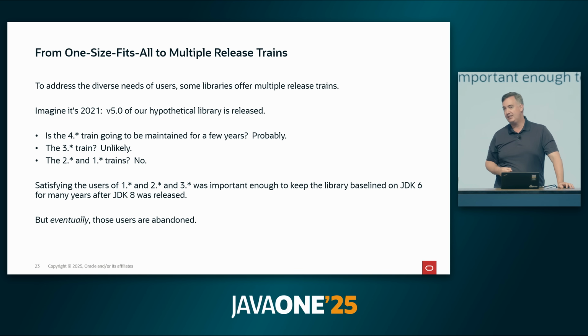Baselined on JDK 6 for many years after 8 came out, but eventually, under one size fits all, and even if you do multiple release trains in the normal way, those users are abandoned, those application developers. So multiple release trains can help to satisfy users who value functionality because there's always a current release train with new features, but it does little for users who value stability.